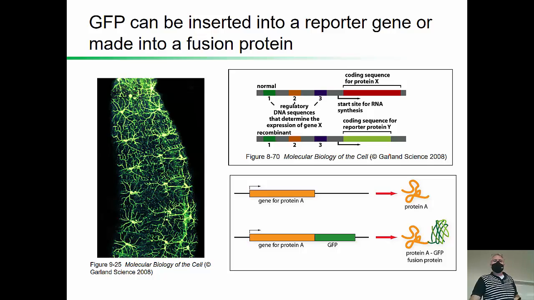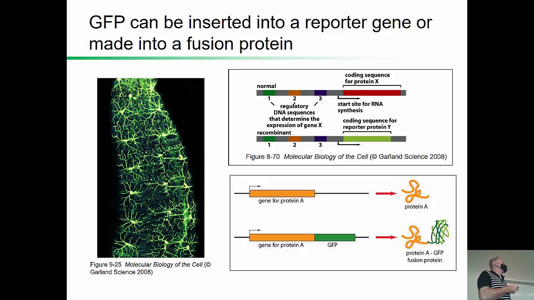And if we put that together, we can see on the left a great example of this. So here we have a reporter gene that is specific to neurons, so cells of the nervous system. And only neuronal cells that have that combination of on factors will produce this, what's normally a neuronal protein, but they also now are producing GFP, and we can see this is in a Drosophila embryo.